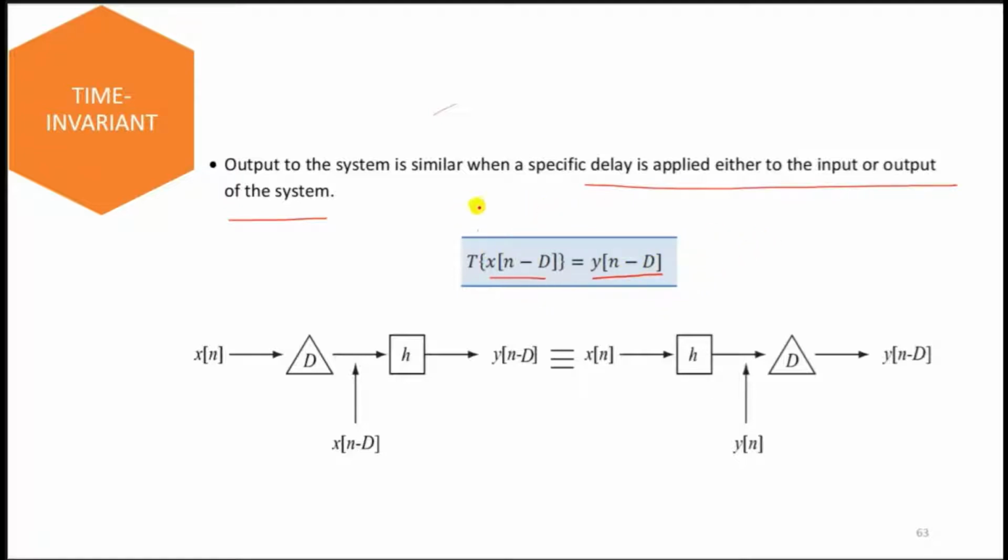When you apply the delays at both ends, you will get the same equation. Therefore, the system is time invariant, right?